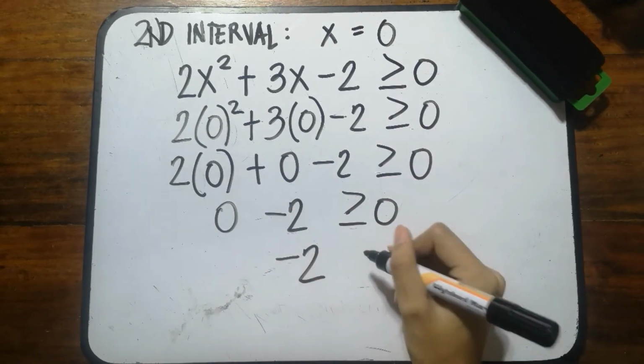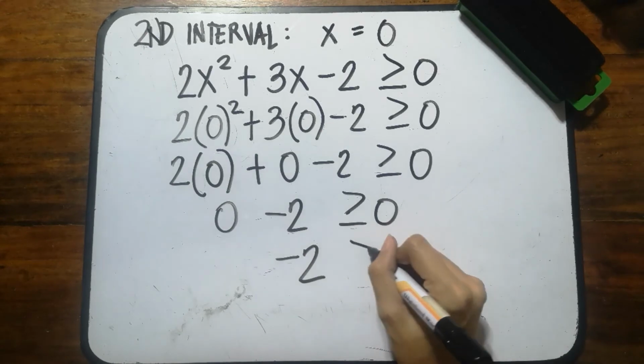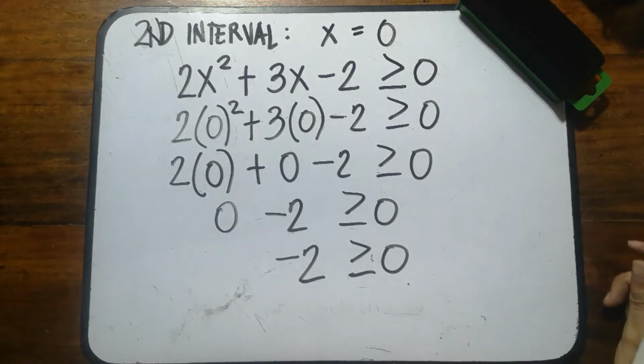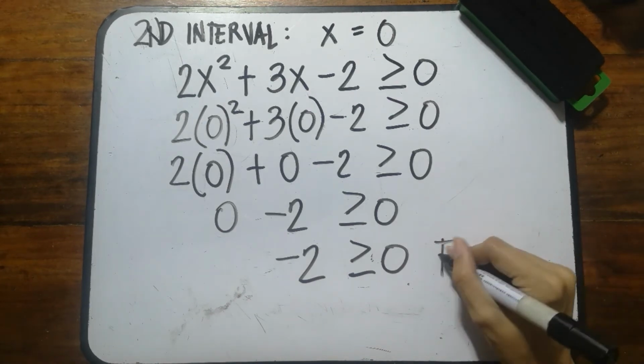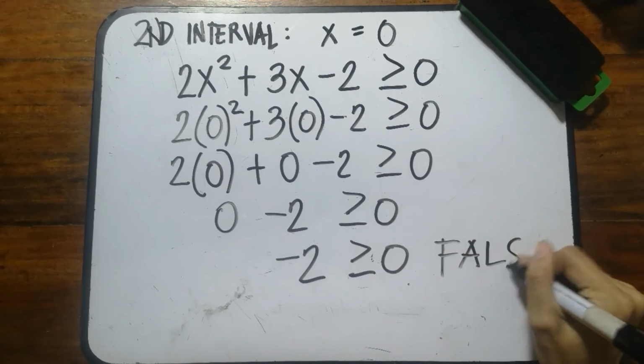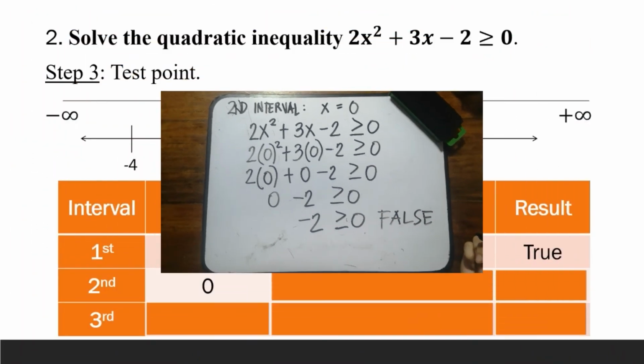This is now negative 2 greater than or equal to 0, which does not satisfy the given inequality. Therefore, it is false.